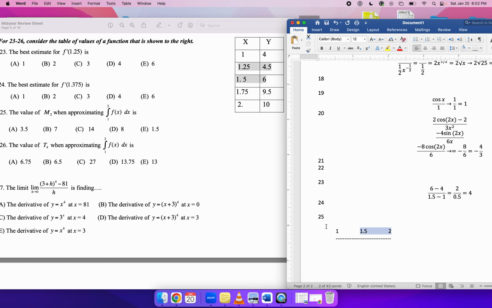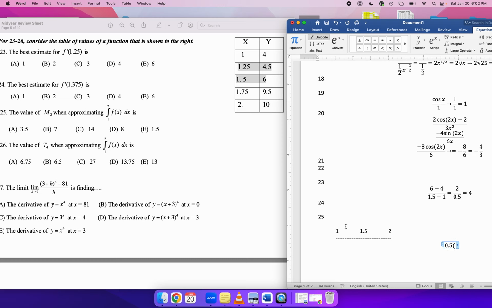Now, of course, since you're using m2, that means you are using the midpoint of each subinterval to determine the height of your rectangle. So the width of the first rectangle, obviously, is 0.5.